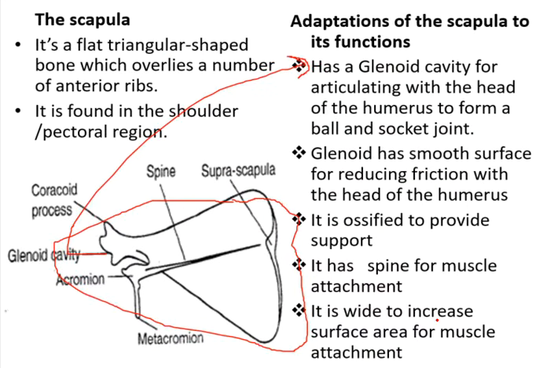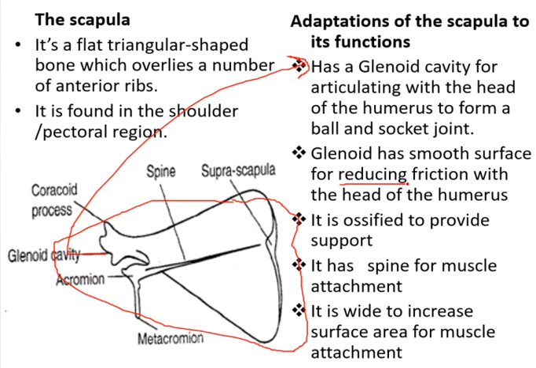Then the glenoid cavity has a smooth surface for reducing friction with the head of the humerus, and we say reducing and not preventing friction, because you can't prevent friction. Then it is ossified to provide support. The other term for ossified is bony, to provide support.